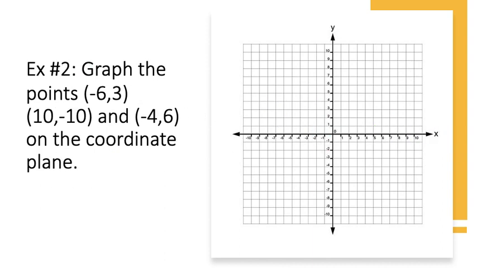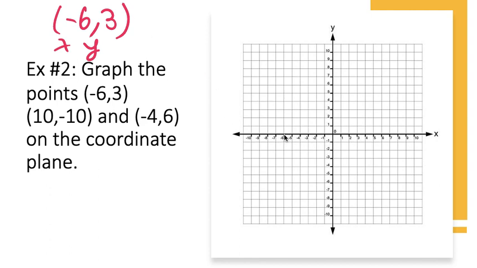Now let's do the next one. Now we have negative values. So graph the points negative 6, 3. So let's do that first. X, Y. So we're going to go negative 6. So we see negative 6 is right here. We know it's going to be in quadrant 2 because we have x negative, but y is still positive.